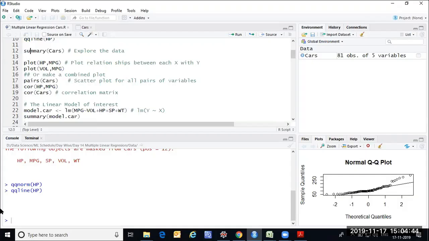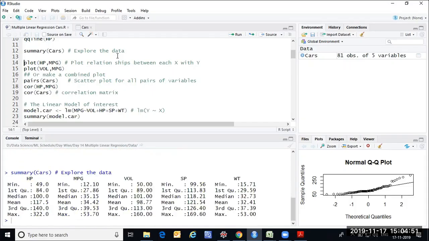Now, what does the summary function give? The basic statistics information, right? Now, by looking at the summary, do you see any issue with respect to the data that's being pulled by all these 5 variables?